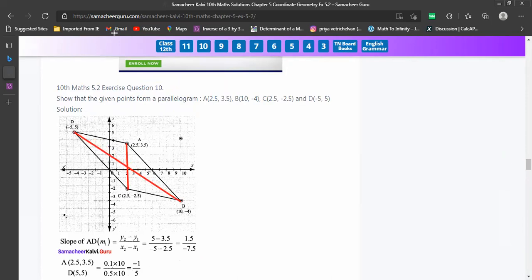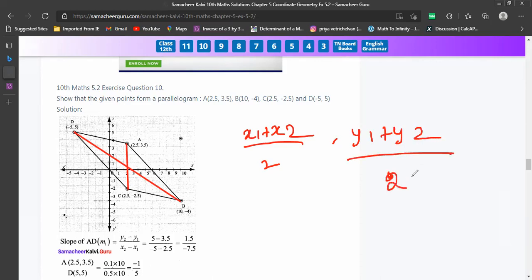That is also a condition to prove the given diagram is a parallelogram. You know how to find the midpoint of AC. You know how to find the midpoint of BD. What is midpoint? It's x1 plus x2 by 2, comma, y1 plus y2 by 2.